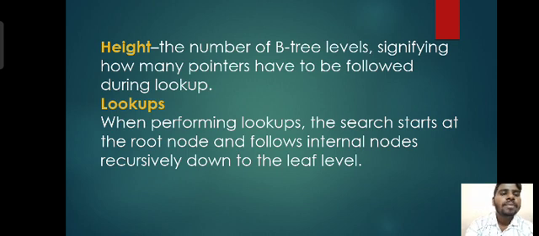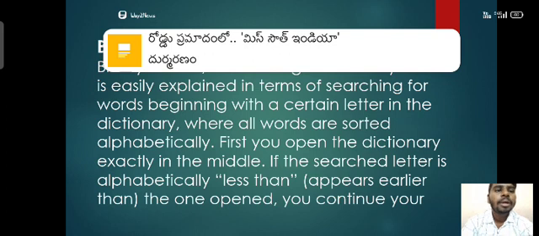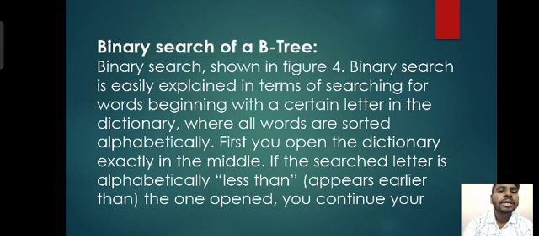When performing lookups, the search starts at the root node and follows internal nodes recursively down to the leaf level. Binary search of a B-tree, shown in the figure. Binary search is easily explained in terms of searching for words beginning with a certain letter in the dictionary, where all words are sorted alphabetically.